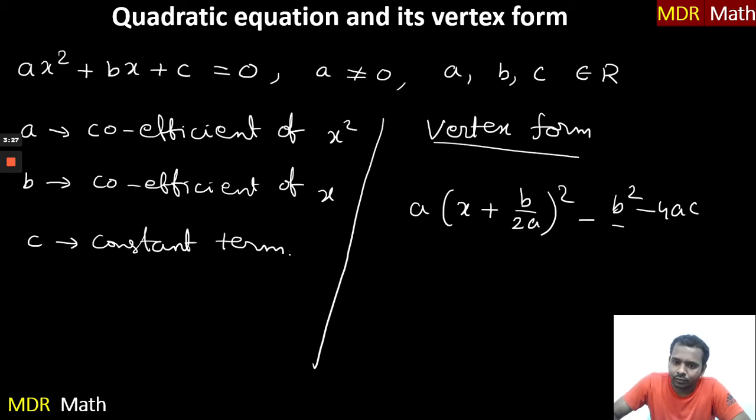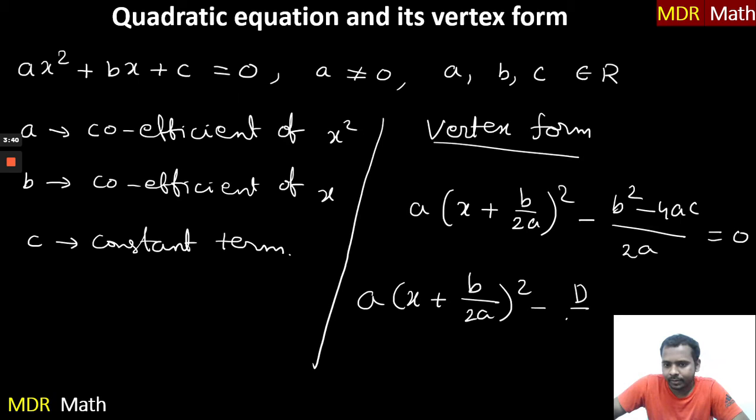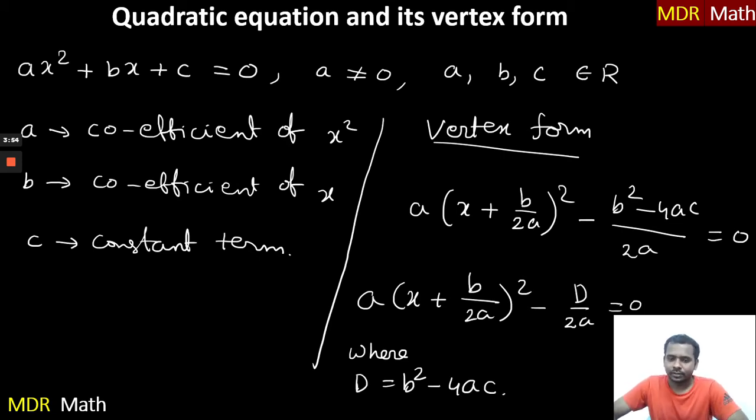Or you may write it as a into x plus b by 2a whole square minus D by 4a is equal to 0, where D is equal to b square minus 4ac and is called discriminant of the quadratic equation. Okay, so it's clear. So a is called coefficient of x square, b is called coefficient of x, c is a constant term, and this is the vertex form.